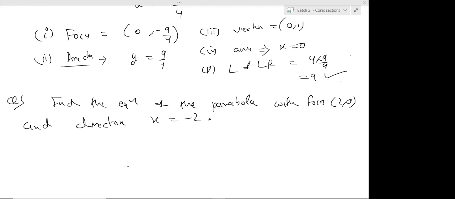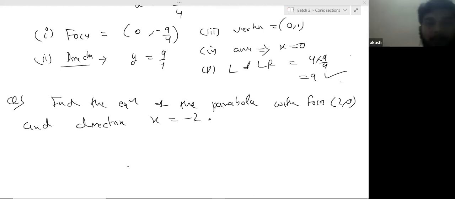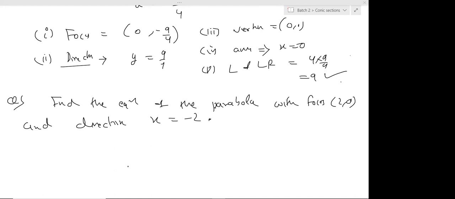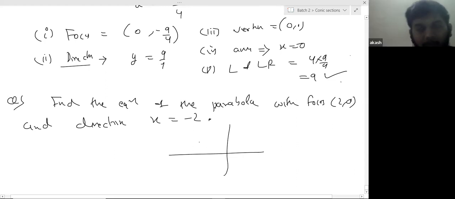Done, sir. All right. How to solve? The directrix for type 1 is x equals minus a. So we can take type 1 and do it. Right, absolutely. But the easier way is to plot this.